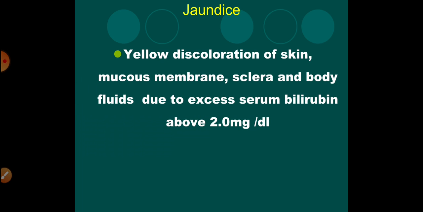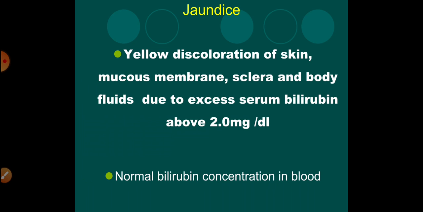So the proper definition of jaundice is yellowish discoloration of the skin, mucous membranes, sclera and body fluids due to excess serum bilirubin above 2 milligrams per deciliter.